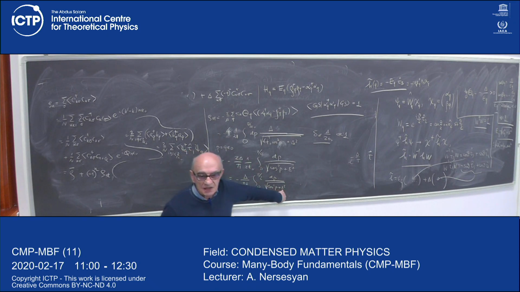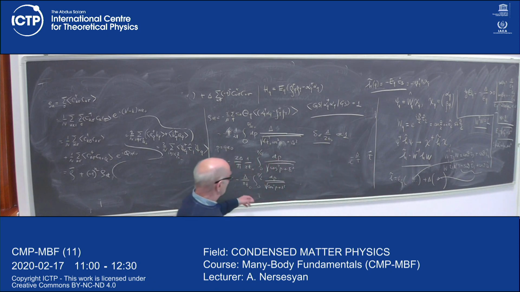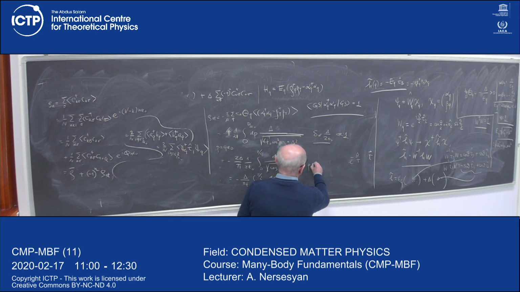Therefore, the integral is contributed mostly from the region of p where cosine is small, because if this is small, the integral will be large since the whole denominator is small. So I have to look into the region of p where cosine is small. And this is the vicinity of the upper limit. So nothing then prevents me from doing just this transformation.